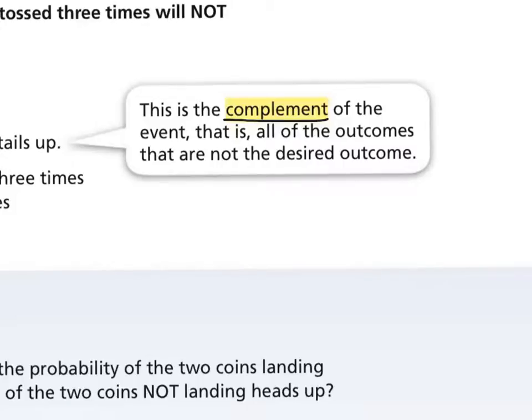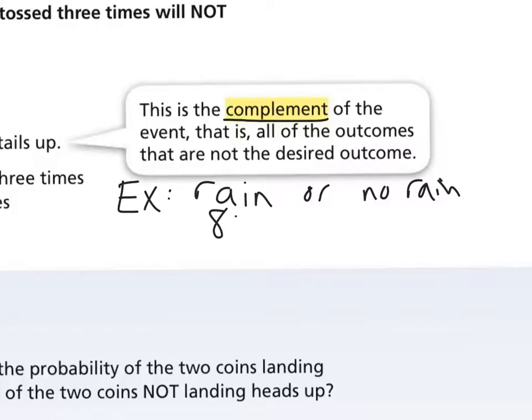And for an example, if we talk about the weather, maybe we could talk about rain or no rain. So if they say the chance of rain is 80%, we could say the chance of no rain is 20%.